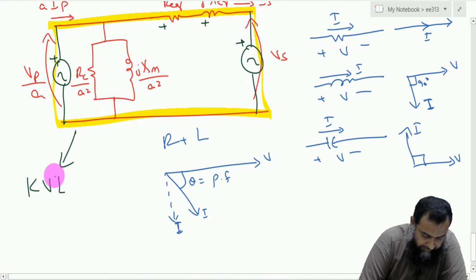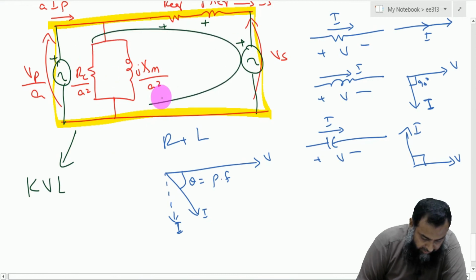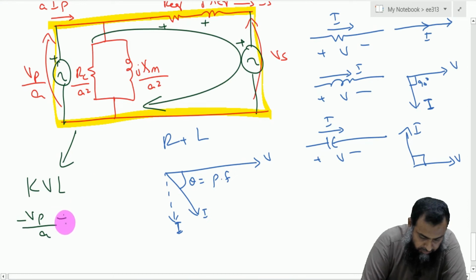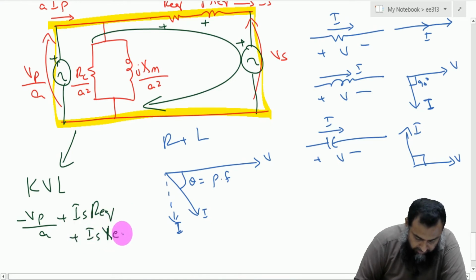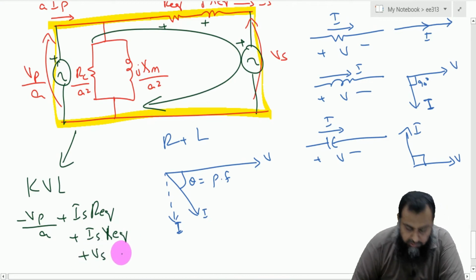So this KVL says that if we have a current flowing here, then that is equal to minus Vp over A plus, suppose we have the current Is, Is into R equivalent plus Is into X equivalent plus Vs, and that is equal to 0.